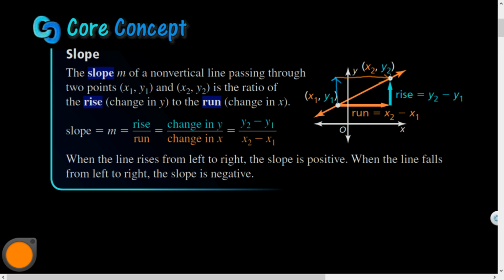So if this was 5 and this was -1, all right, already getting complicated. If I did 5 minus -1, that's 5 plus 1, this would have been 6 across, 6 units across. If I want to find the run, I just subtract the corresponding x coordinates.